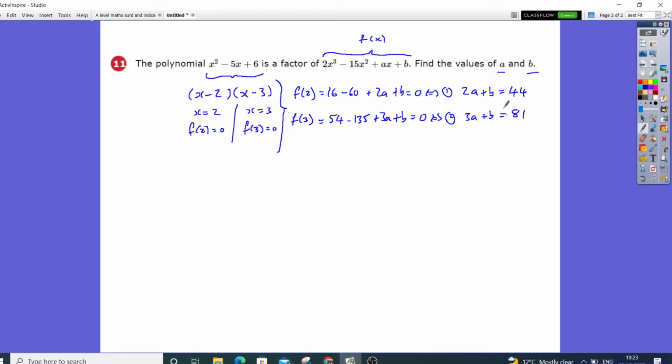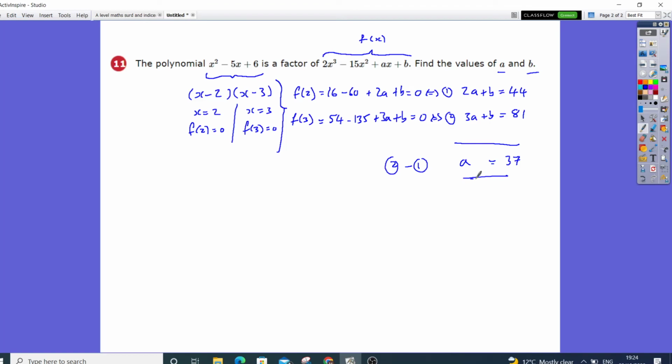Okay, so simultaneous equations here. I'm going to take equation 2 and take away equation 1, that's the bigger one. So 3a take away 2a is just a, b take away b disappears, and 81 take away 44 is 37.